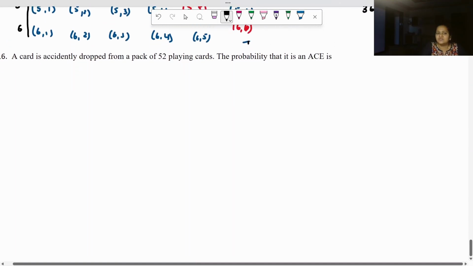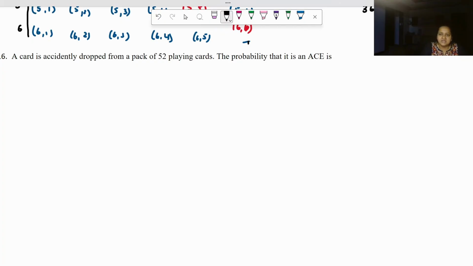A card is accidentally dropped from a pack of 52 cards. Probability that it is an ace card. How many suits are there? We have the spade, we have the club, and then in red we have the heart, and we have the diamond. And each of them has one ace card.